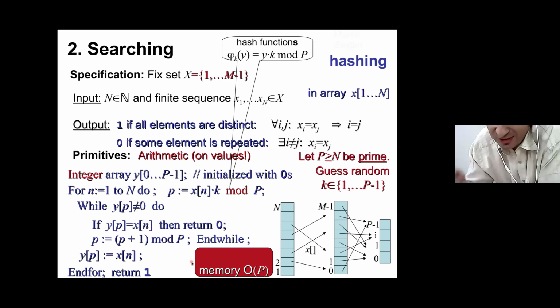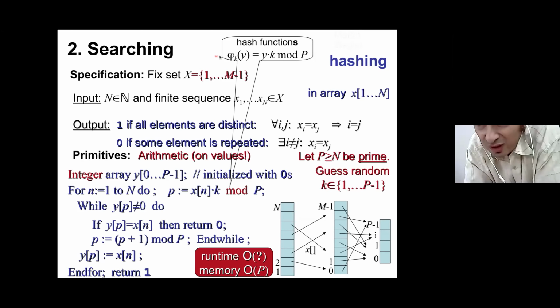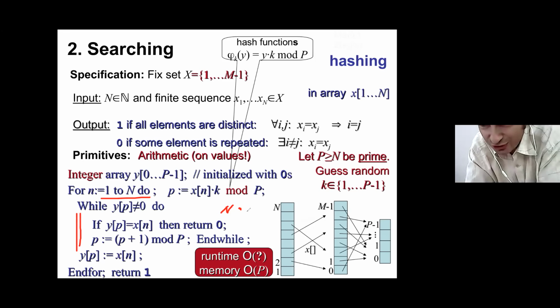And now, what was the runtime? We said, okay, the runtime is you have a linear loop here, so you have something like n times, and then you have this collision checking part. And then we said it depends on the choice of the hash function. If the choice is good, then this is almost constant in average.